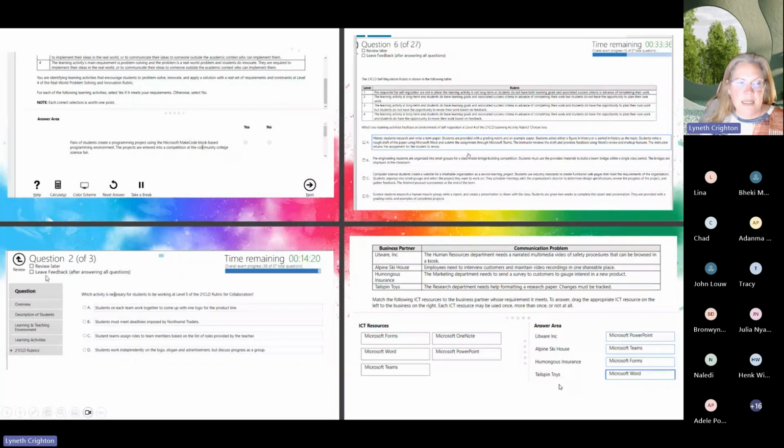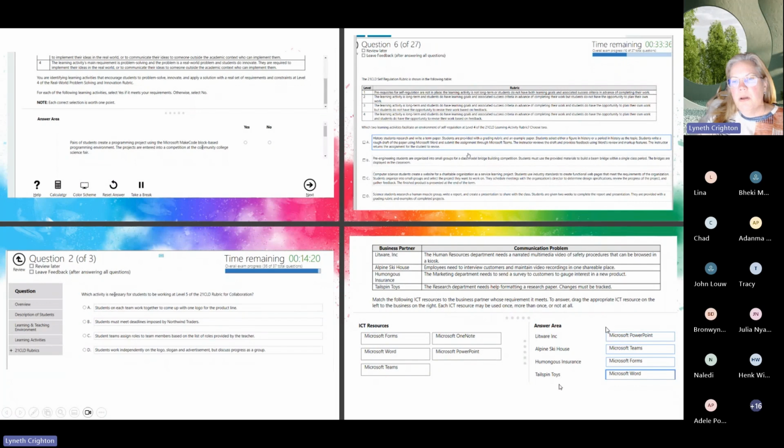Some are case studies, like the one in the bottom left, where there's a question and then they tell you all the pieces of information, the students, the teaching environment, and if you go to the 21CLD rubrics, they are there. Or they often give you yes or no, and the rubric, as you can see in the top left, is actually in the question. On the right, you can see the rubric is in the question, and then you have to select A, B or C.